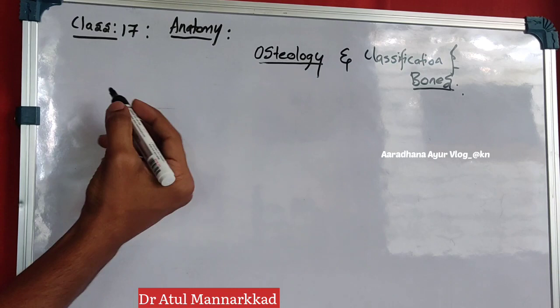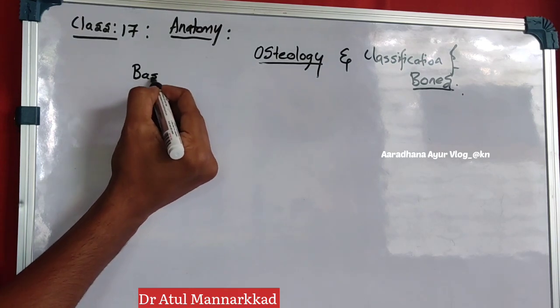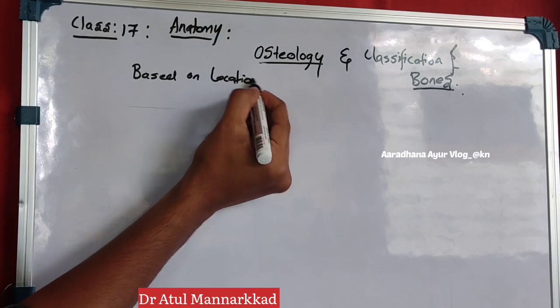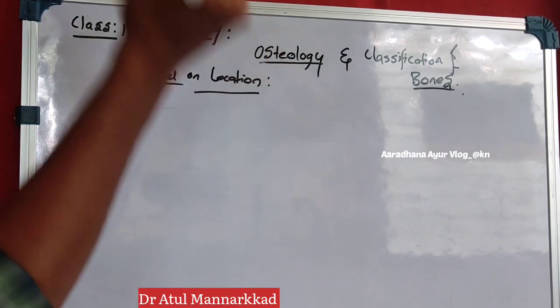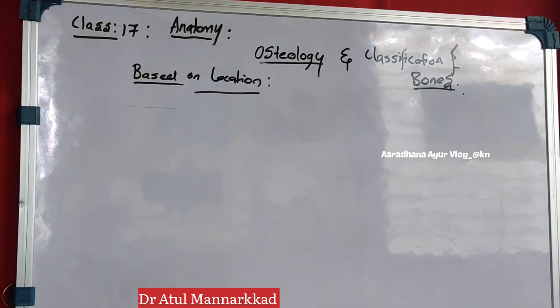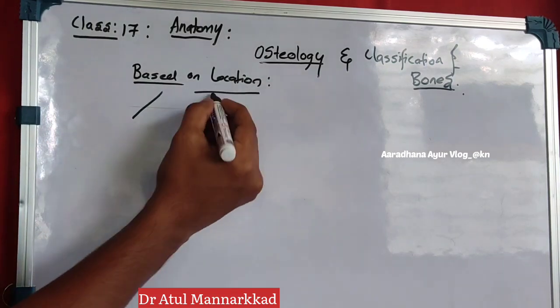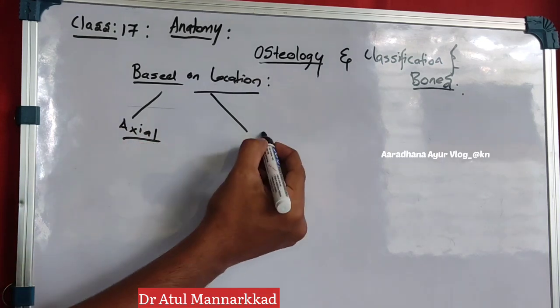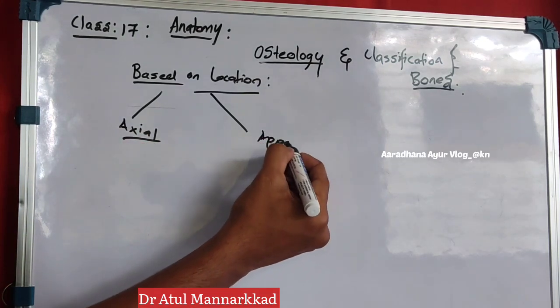Next, let's discuss the classification based on location. Bones are divided into two parts: axial bone and appendicular bone.